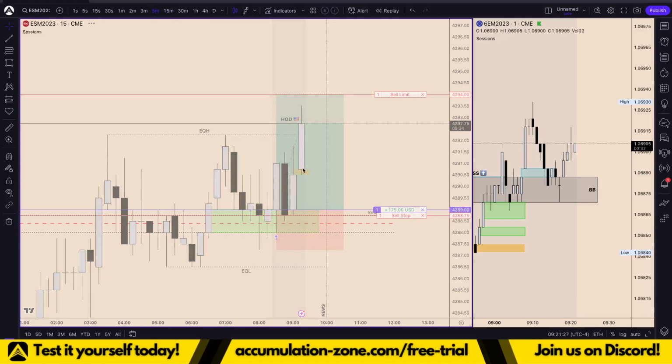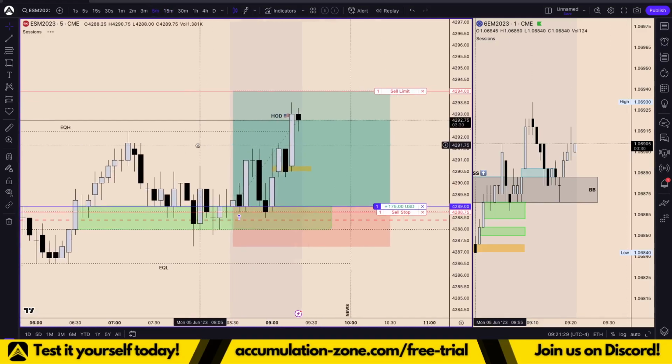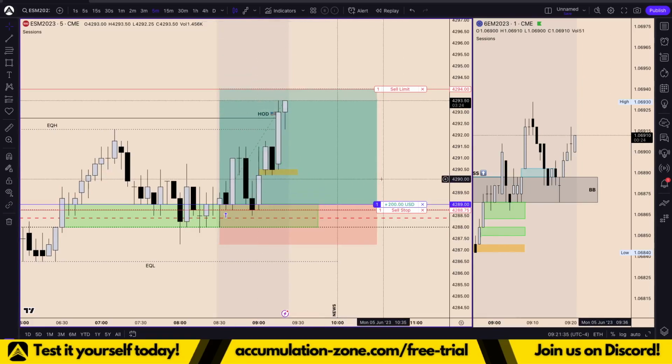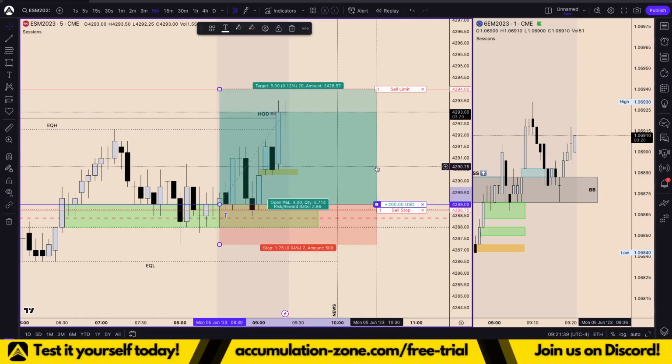Let's go down to a lower time frame here on ES. We had the same gap, almost the same gap right here. We're just looking for these 5 handles.